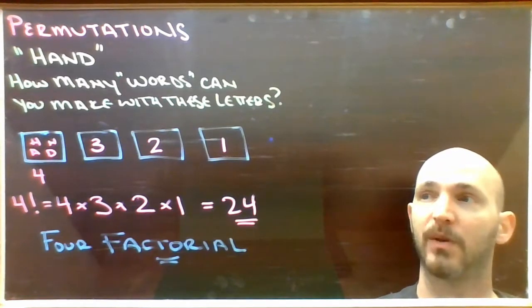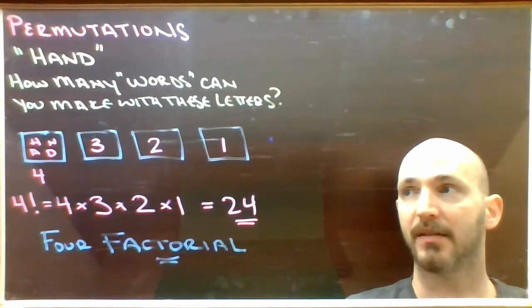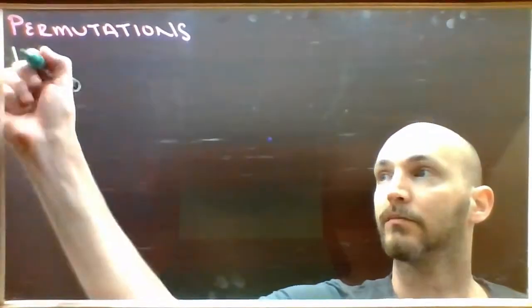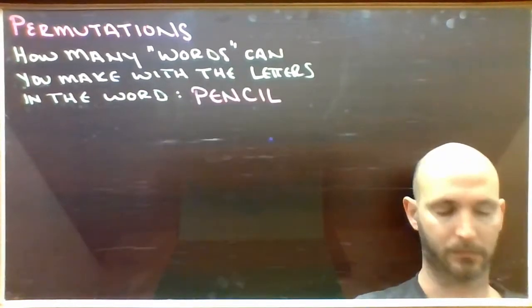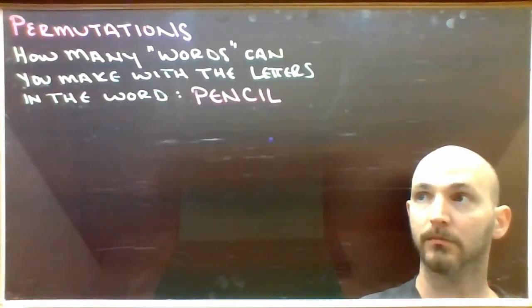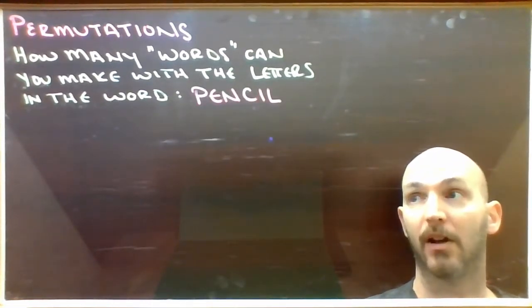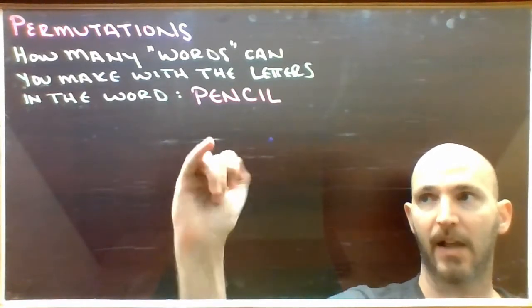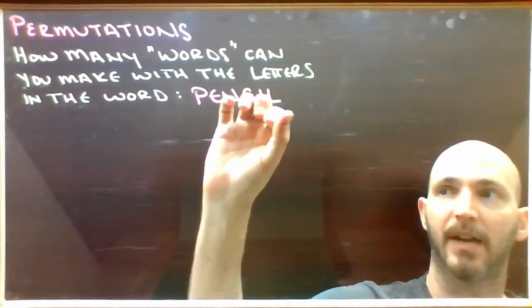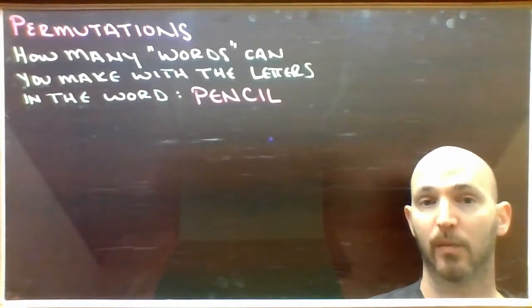So if I can give you another sort of simple example of this. We're going to try making all the combinations from the letters in the word pencil. If you count them, 1, 2, 3, 4, 5, 6. There are 6 letters in the word pencil.